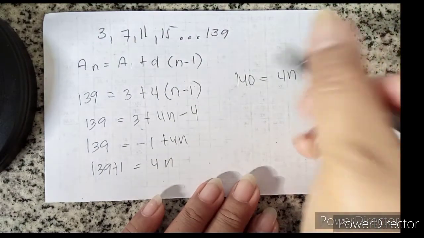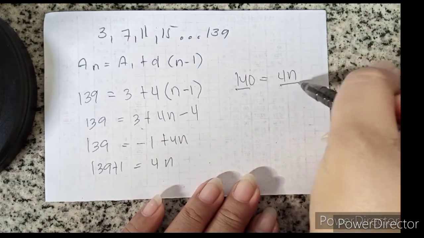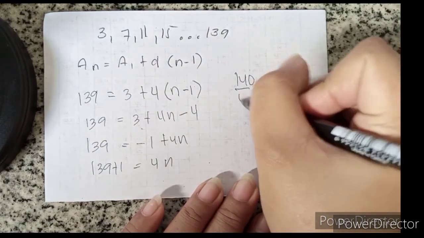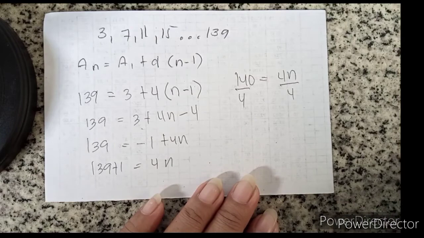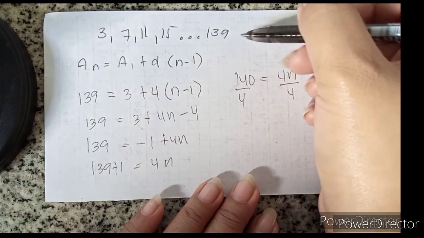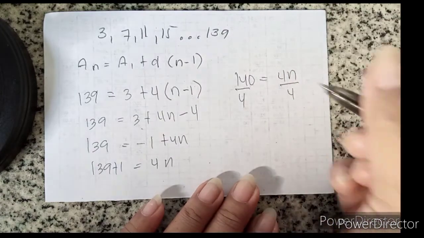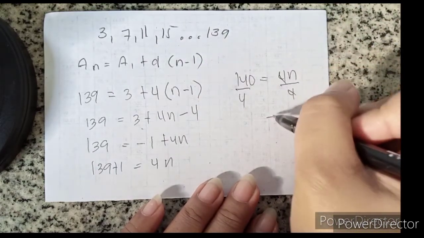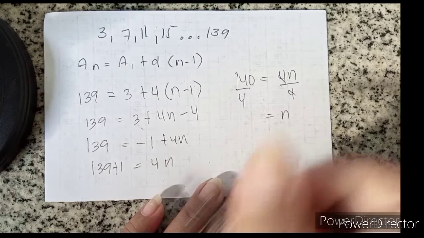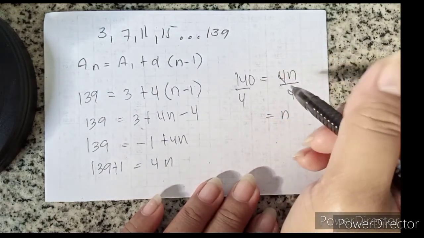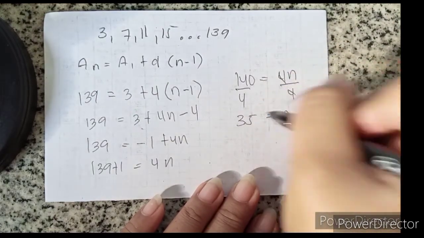Okay. Now, divide both sides by 4 so that we can find the value of n, or what term 139 is. So 140 divided by 4 is 35.